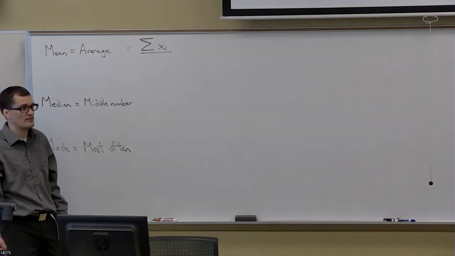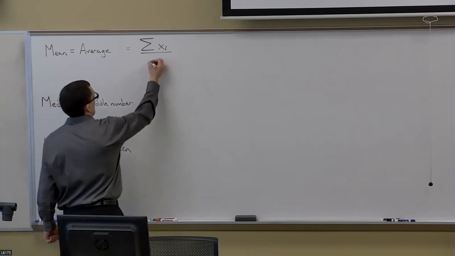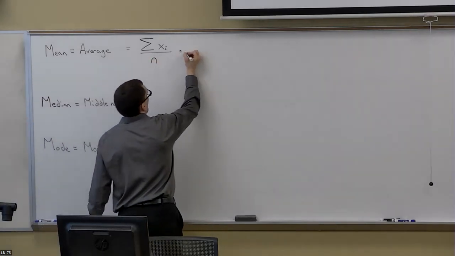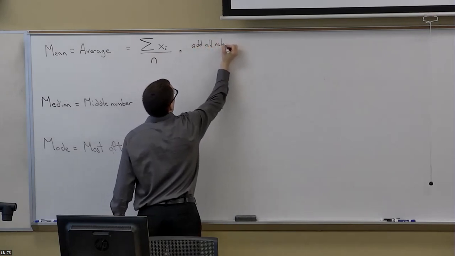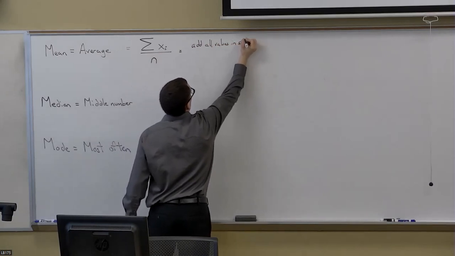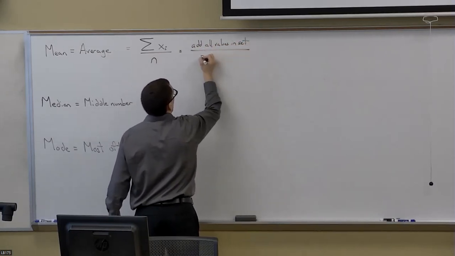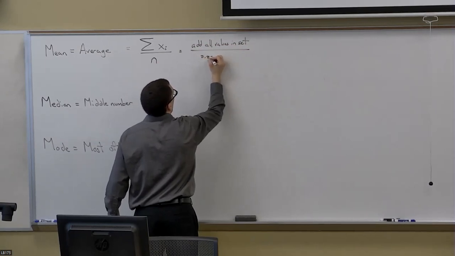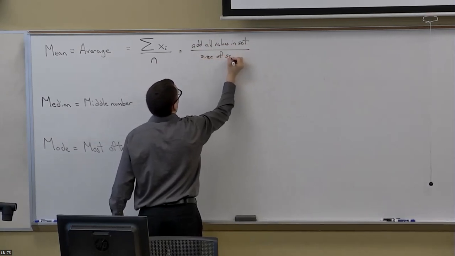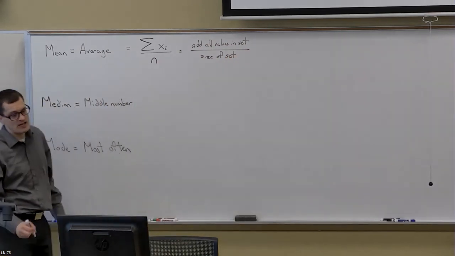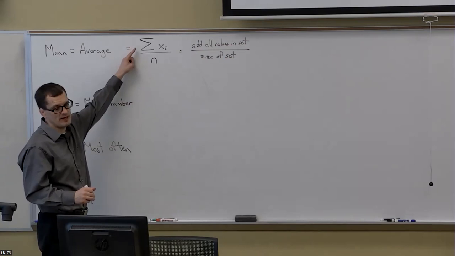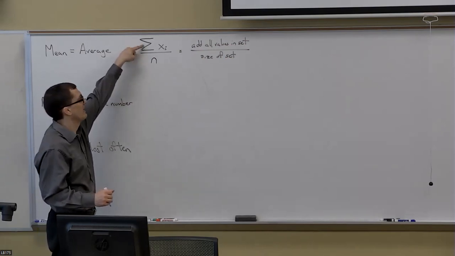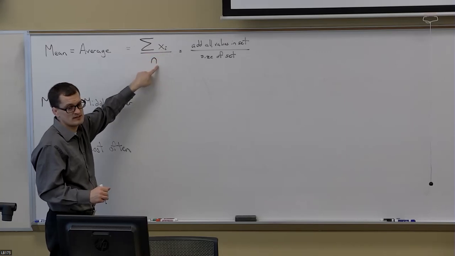So we add up all of the values in the set and then divide by the size of the set. Does that make sense? And that's the shorthand mathematical version for telling people that. Add up all the values in the set, divide by the size of the set.